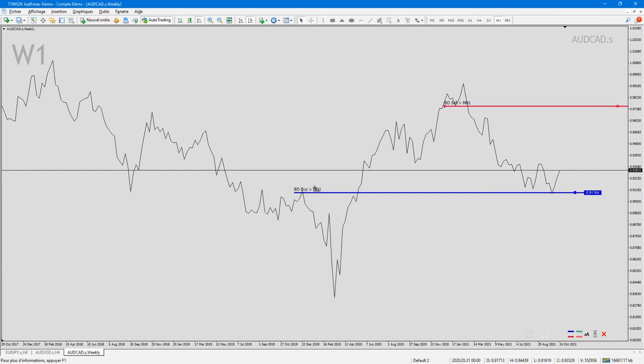So I will try to mark them and see what happened on those levels. So now I will focus on this area. It's currently at a weekly price reject at a weekly key level. So we'll come to the H4 to see if we can possibly find a setup.